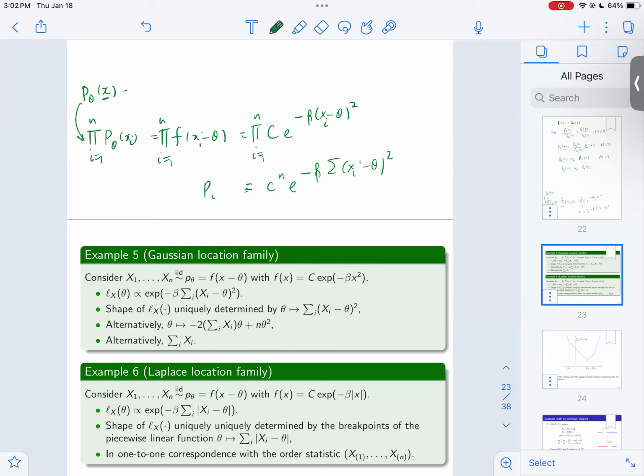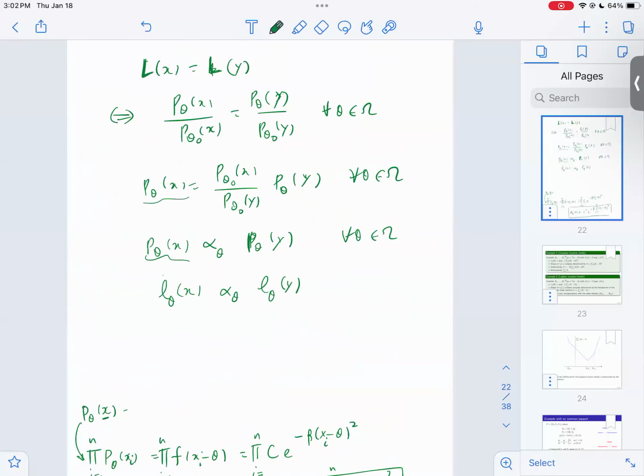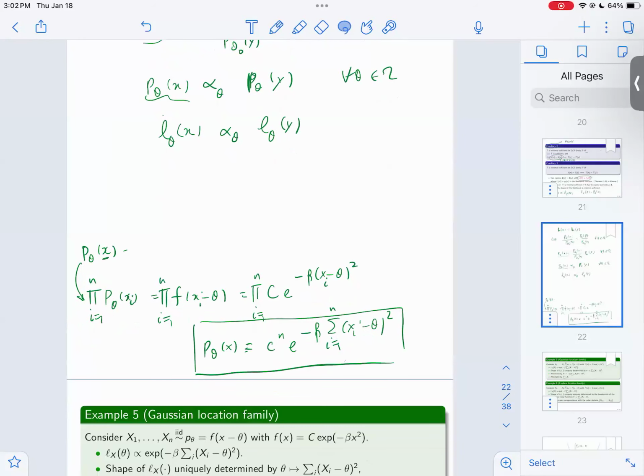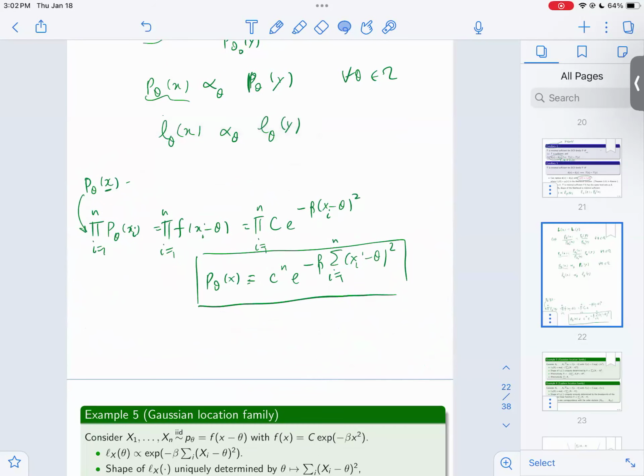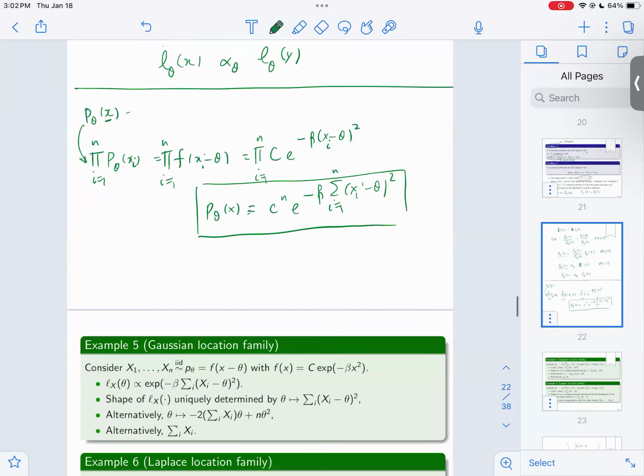Okay, so that's really P theta of x in our case. That's the density, the likelihood.